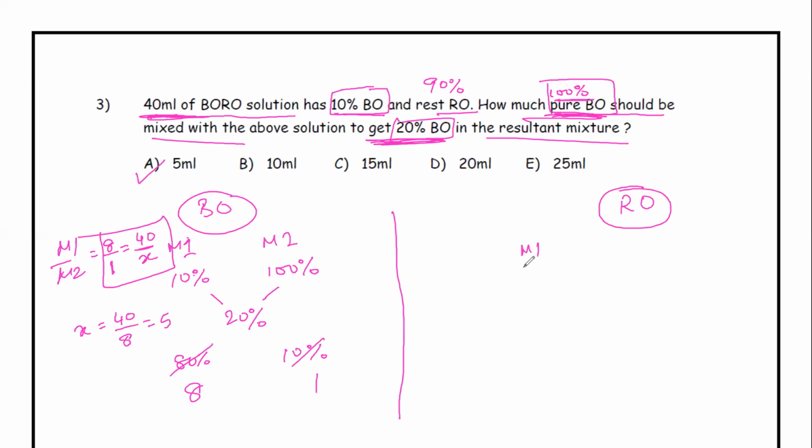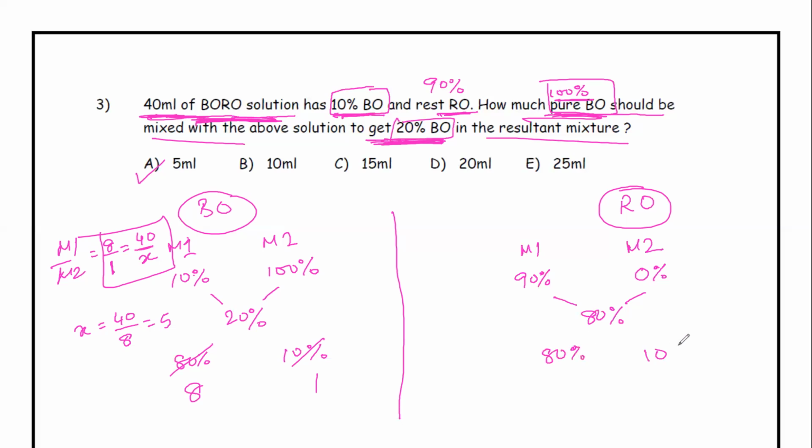For mixture 1, now I'll take only Rho percentages. The Rho percentage is 90%. This first solution is called mixture 1, so Rho is 90%. Mixture 2 is 100% Bo, so 0% is Rho. And the resultant is 20% Bo, so 80% is Rho. Cross subtract. You get 10 here and you get 80 here.